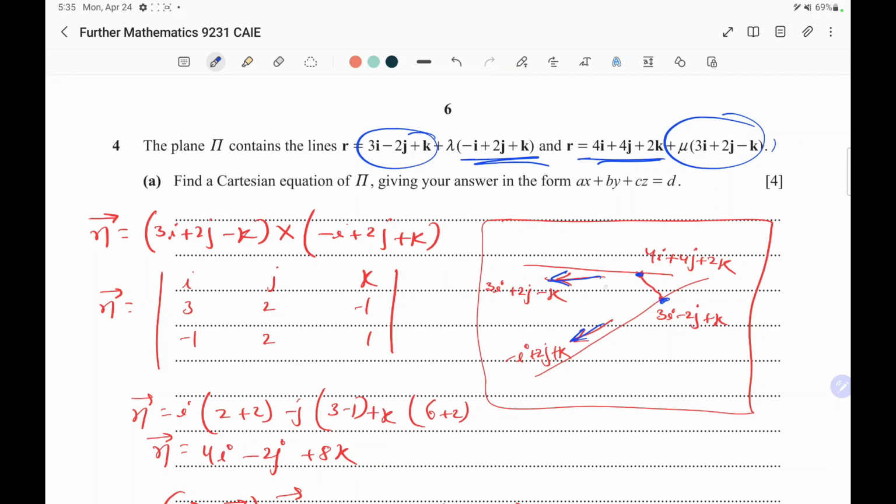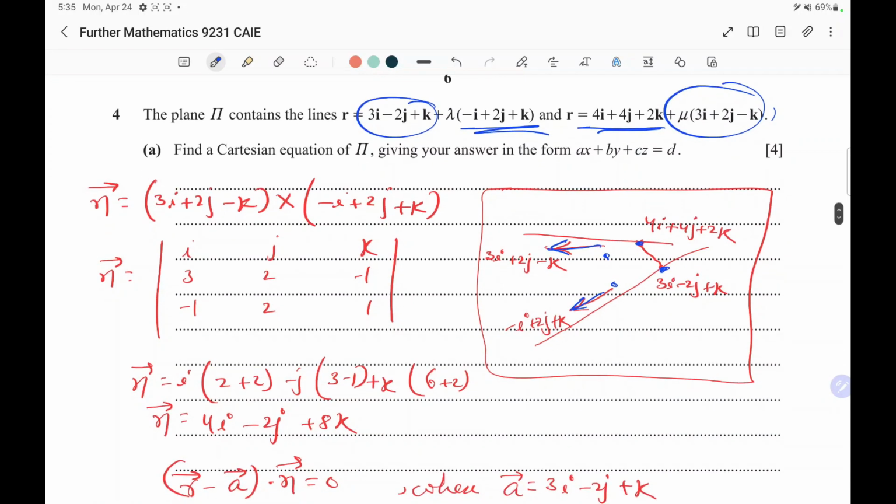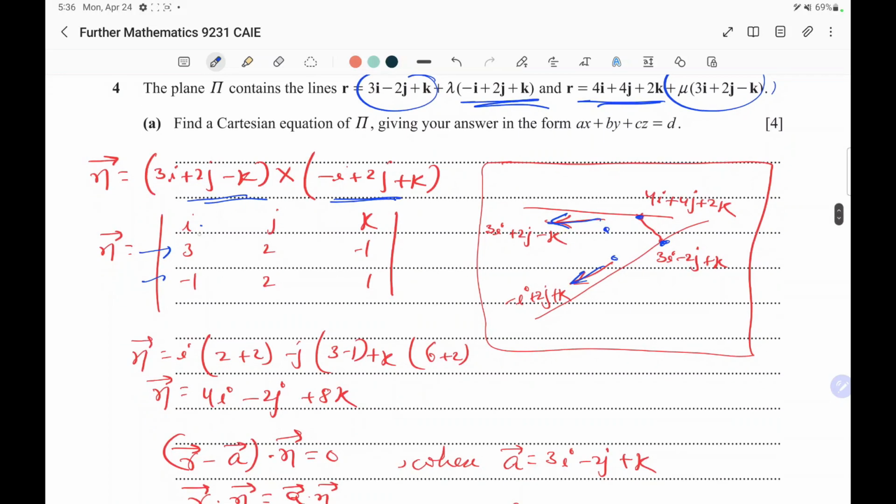So if you take the cross of these 2 vectors, then you will get the perpendicular vector to the plane. So just take the cross product. So 3i plus 2j minus k and minus i plus 2j plus k. You know, i, j, k, we have to write the coefficients here, and i will be here, and then this cross multiplication, 2 times 1, which is 2, and then minus of 2 times minus 1, which is plus 2.